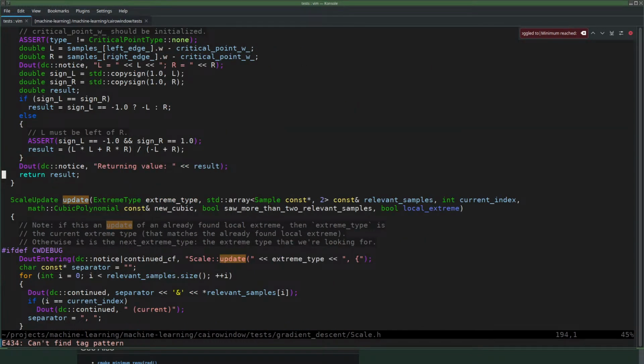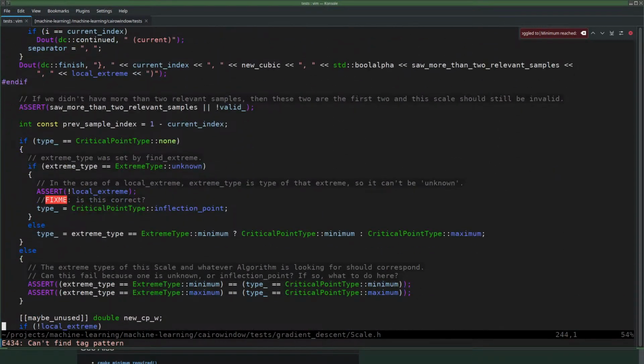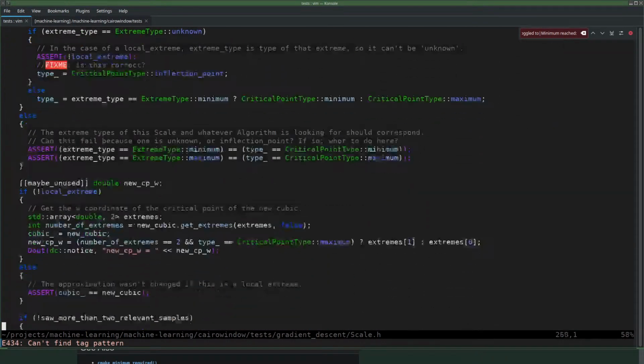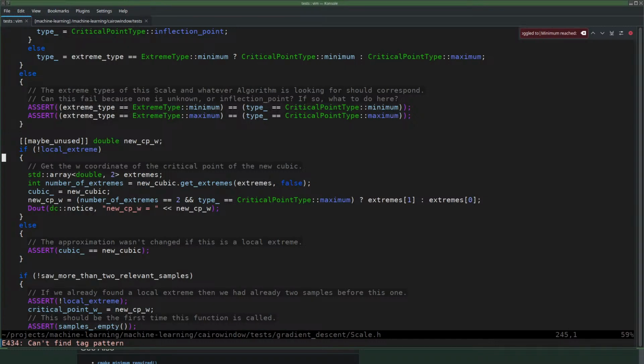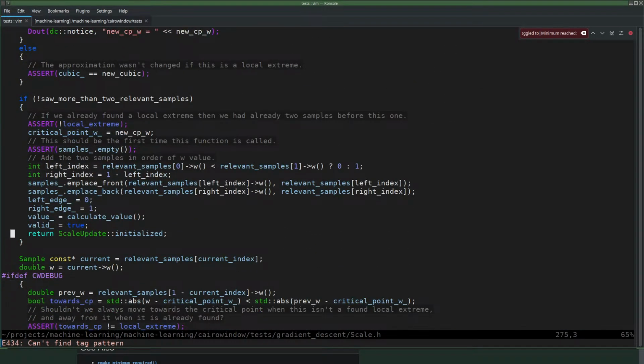Kinetic scale. Oh, yeah. Local extreme is true. Type is not none. If not local extreme, but it is, so we get here. And the cube is still the same, that is correct. Not saw more than 2 relevant samples.